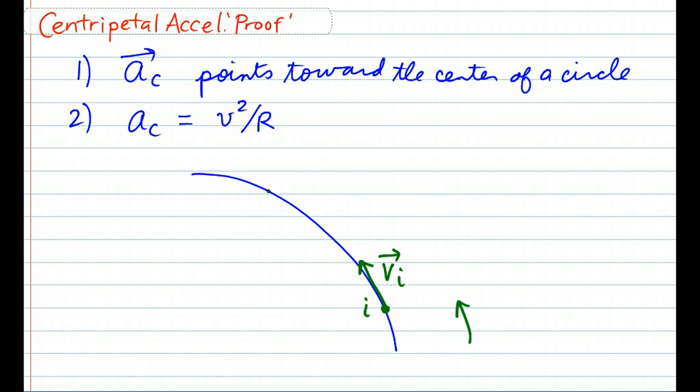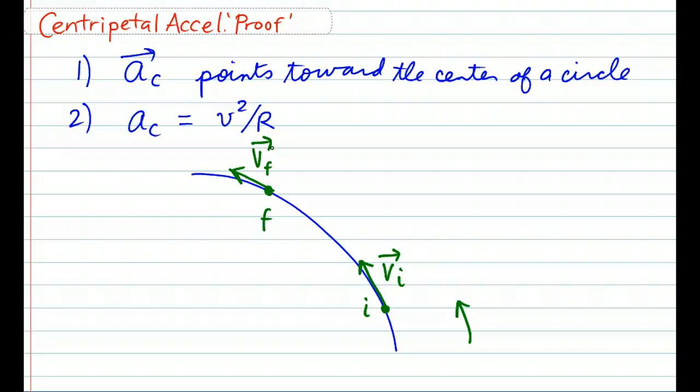And then a short while later, we'll have another velocity which is also tangent at a final point, and this is v final.